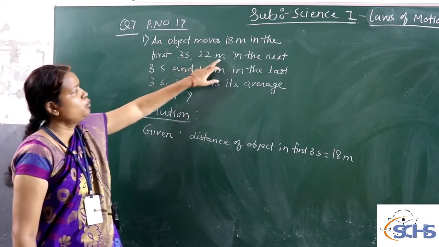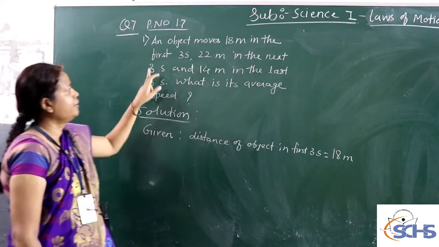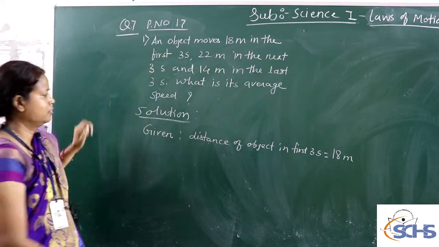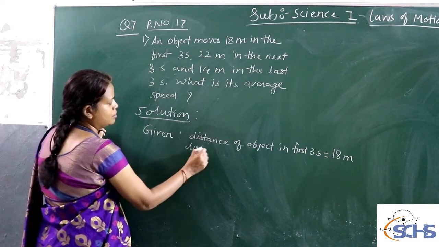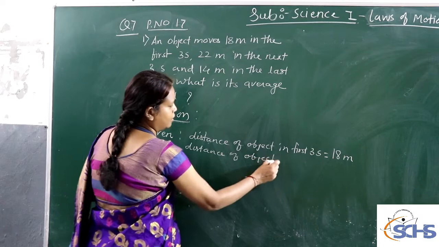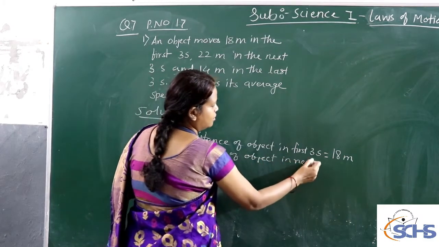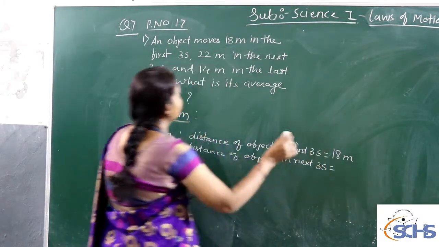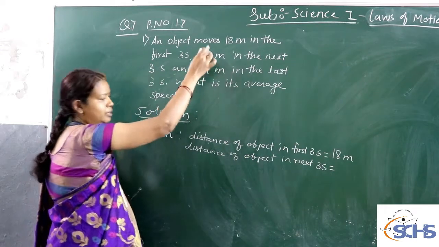Second, 22 meter in the next 3 seconds. Distance of object in next 3 seconds is equal to 22 meter.